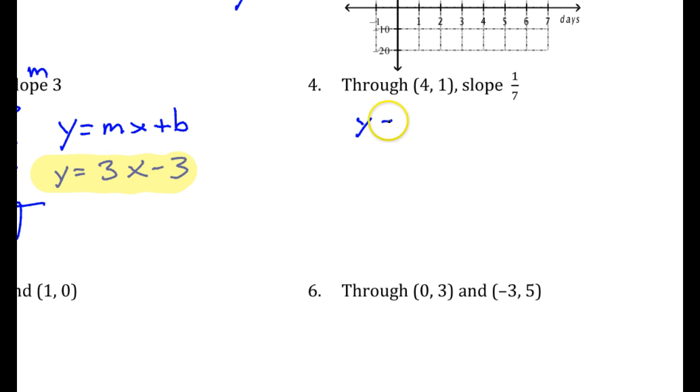For the fraction, it's not going to change anything. So, you know, this is x, this is y. Plug it in.